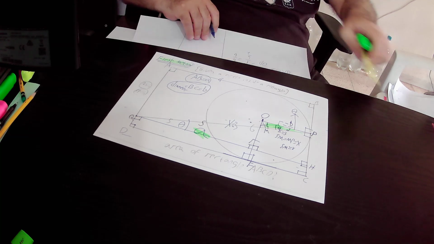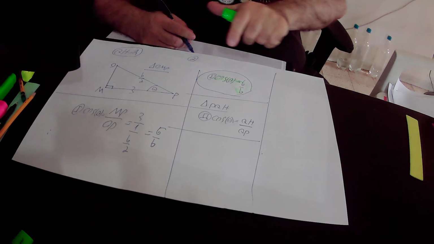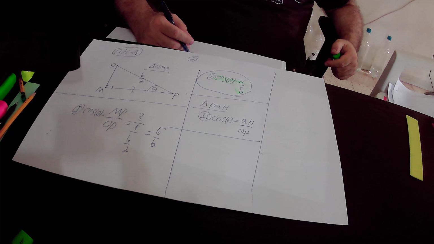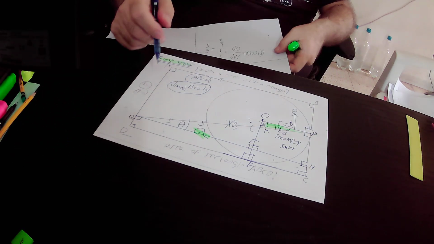I'll repeat again. On the right big triangle QPH, cosine theta equals QH over QP. What is the value of QH?